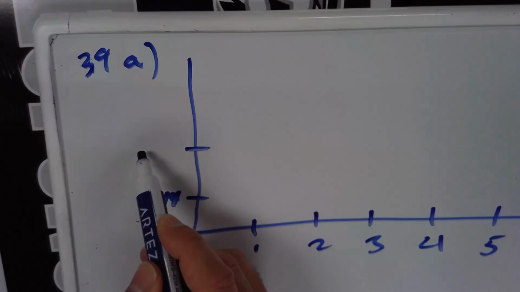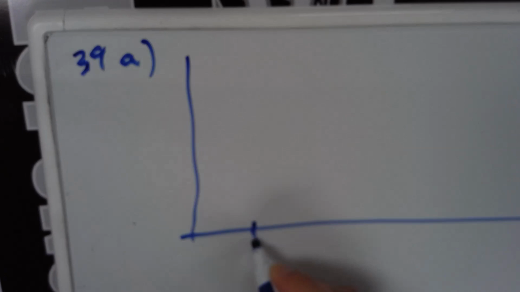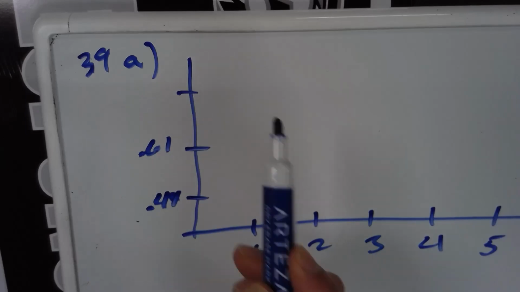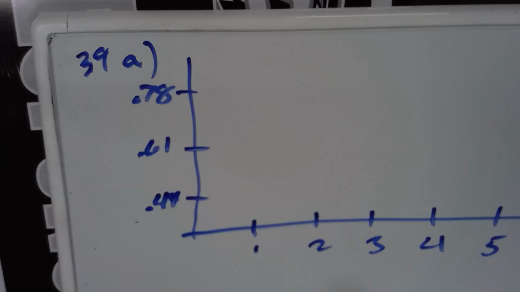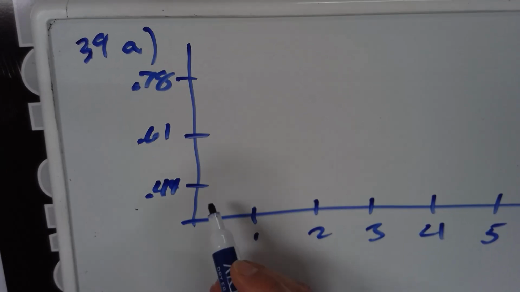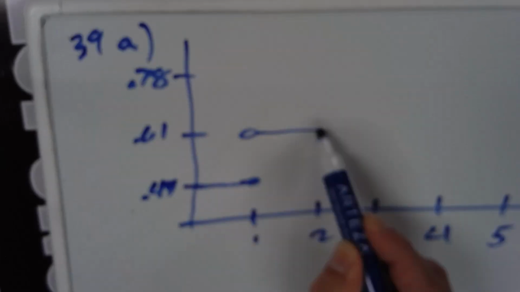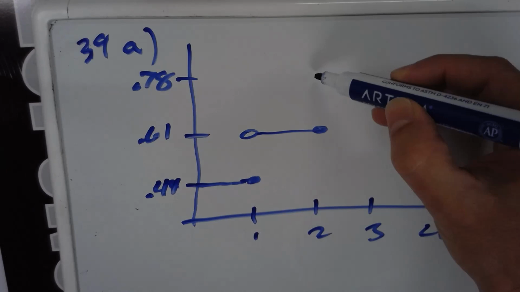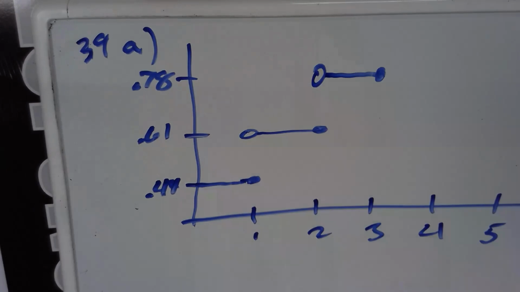I think that should be good enough. So 44 cents, even if it's barely any weight at all, up to and including. And then right then it jumps like this. Is this okay? So it's very similar to 37. Does that part make sense?